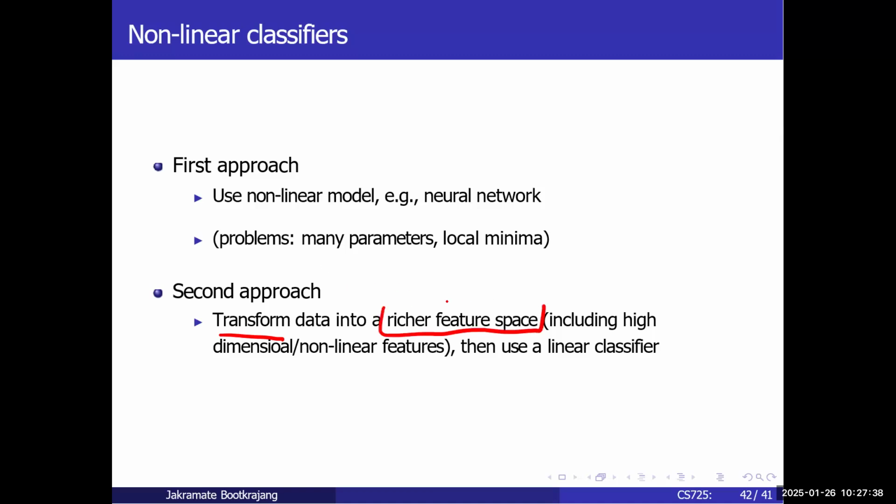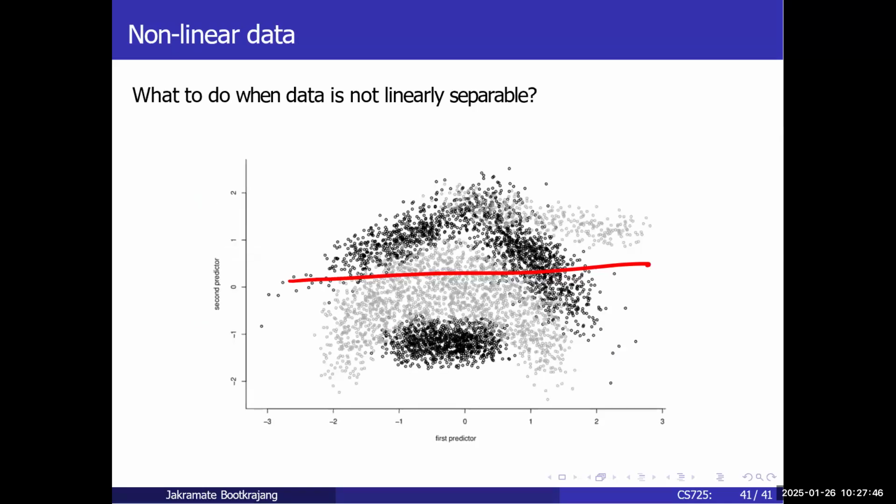What do we mean by richer feature space? If the data cannot be separated in 2D, we might want to transform the data into a higher dimension, right?